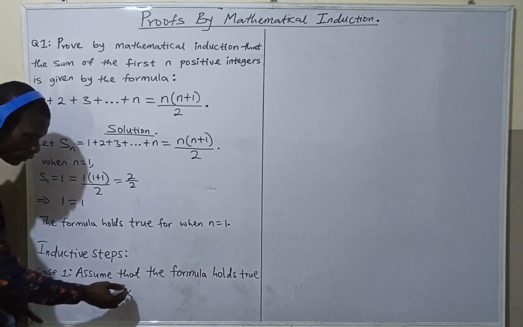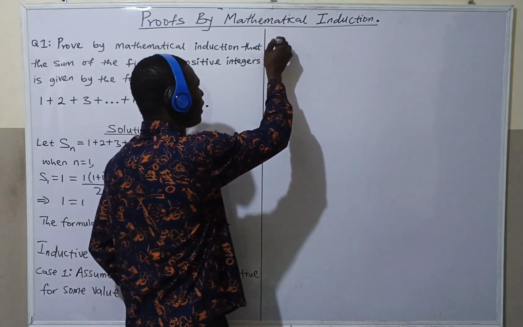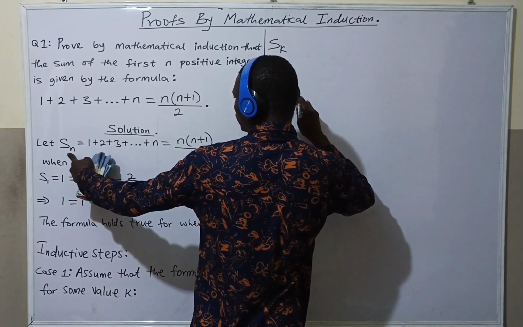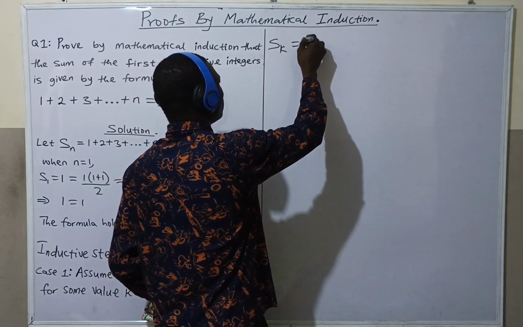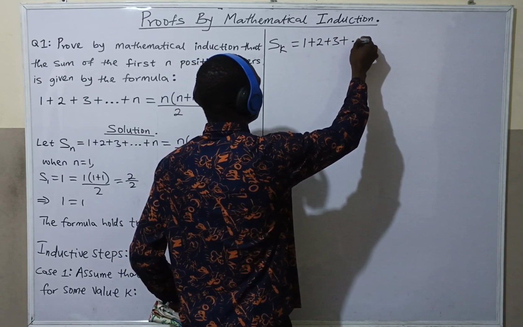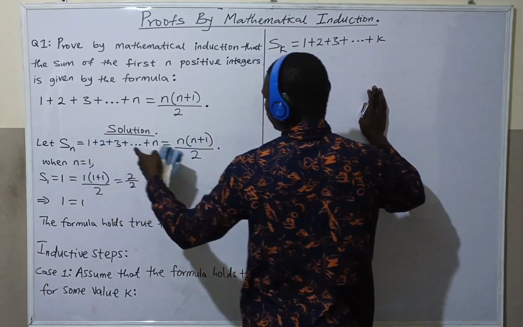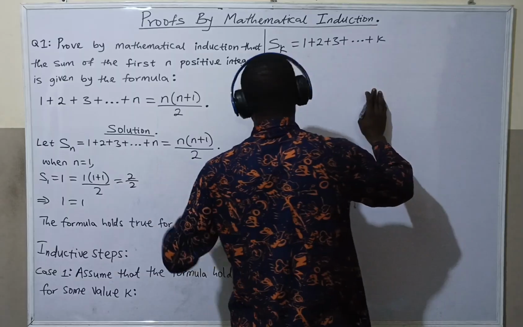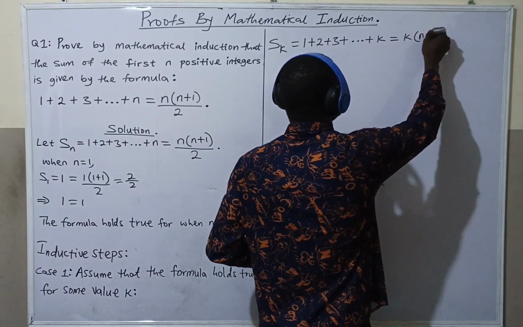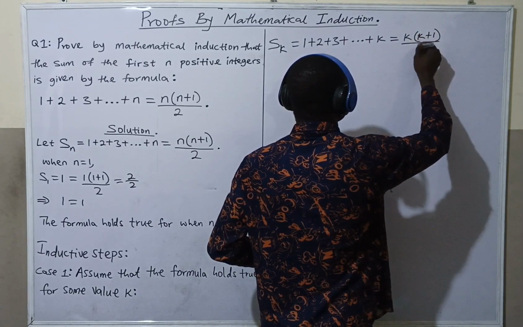Now, if the formula holds true for some value k, we'll put a colon in front of it, and that tells us that s subscript k, as we have it in the place of n, s subscript k is now going to be equal to 1 plus 2 plus 3 plus the list going on, and then plus k, because in the place of n we are putting k because we are assuming that it's holding true for some value k, and that must be equal to k bracket open k plus 1, everything over what?